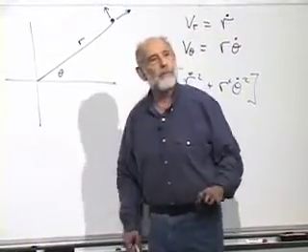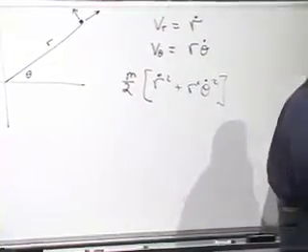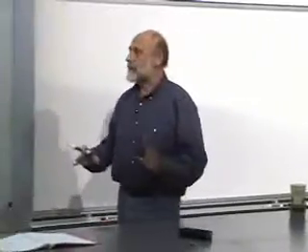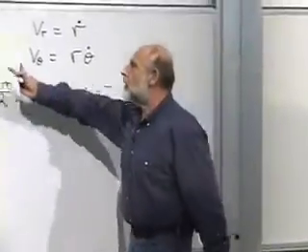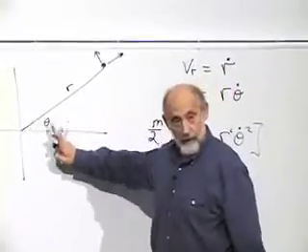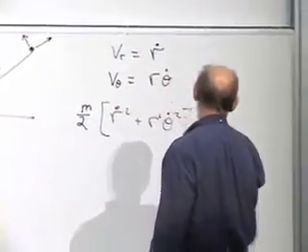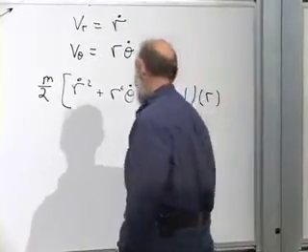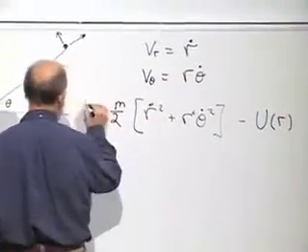The central force problem is the one where the force points toward or away from the origin and is equivalent to the statement that the potential energy only depends on r and not theta. So let's subtract off minus u of r. That's not the energy now, that's the Lagrangian.